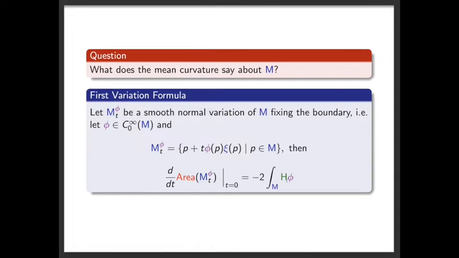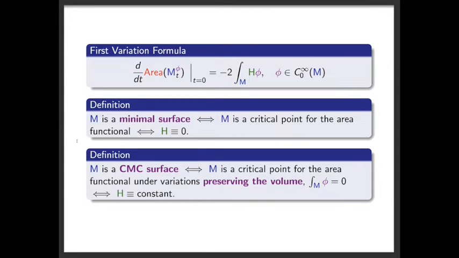With this in mind, we define a minimal surface as a critical point for the area functional, which means that this derivative has to be 0 for all phi in C_0^infinity of M. And this is the same as saying that the mean curvature is identically 0.